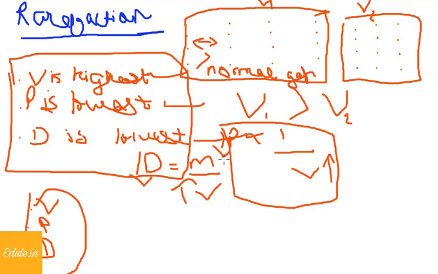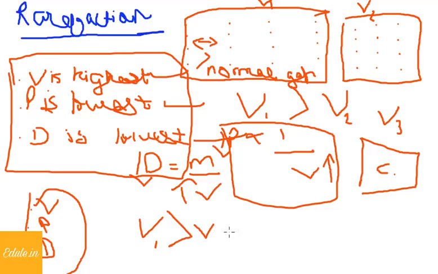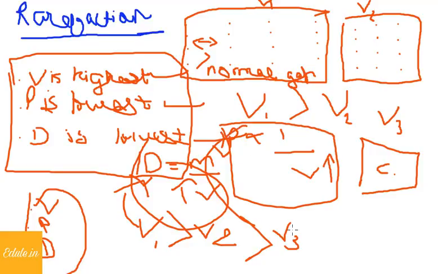If we talk about the volume, if this is volume 1, this is volume 2, and volume 3 is your compression, then we can say that volume 1 is bigger than volume 2, which is bigger than volume 3, and the rest all depends upon the volume. As you know, density depends upon volume, pressure depends upon volume.